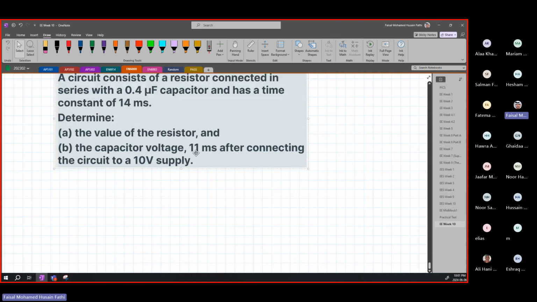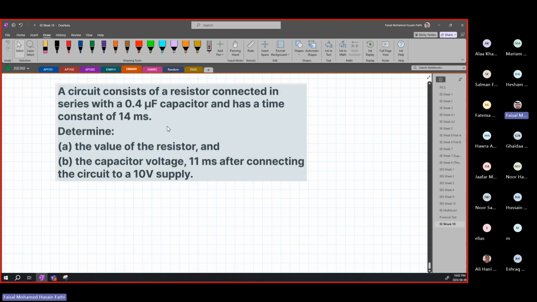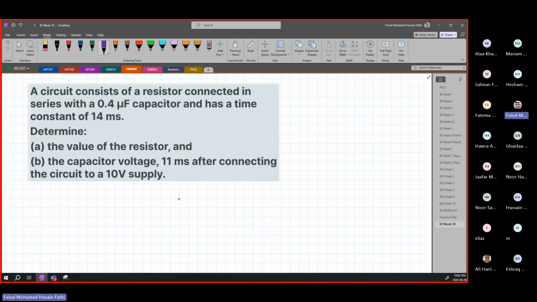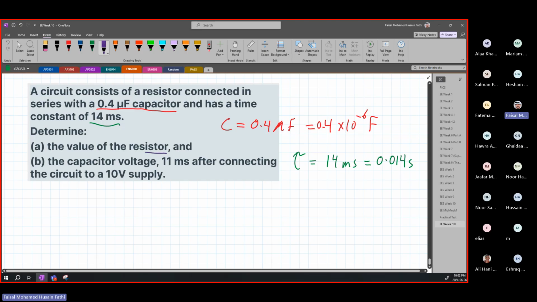So a circuit consists of a resistor connected in series with a 0.4 microfarad capacitor and has a time constant of 14 milliseconds. So our capacitor C equals 0.4 microfarads, which is equal to 0.4 times 10 to the negative 6 farads. Remember to always change the units. And your time constant tau is equal to 14 milliseconds, meaning this is 0.014 seconds. Determine the value of your resistor.